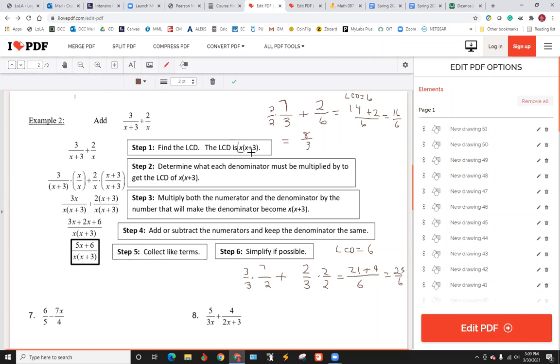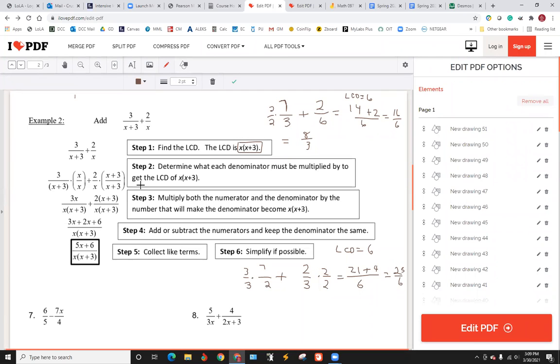The LCD is x times x plus 3, because remember, x is a variable, so we don't know what it is.